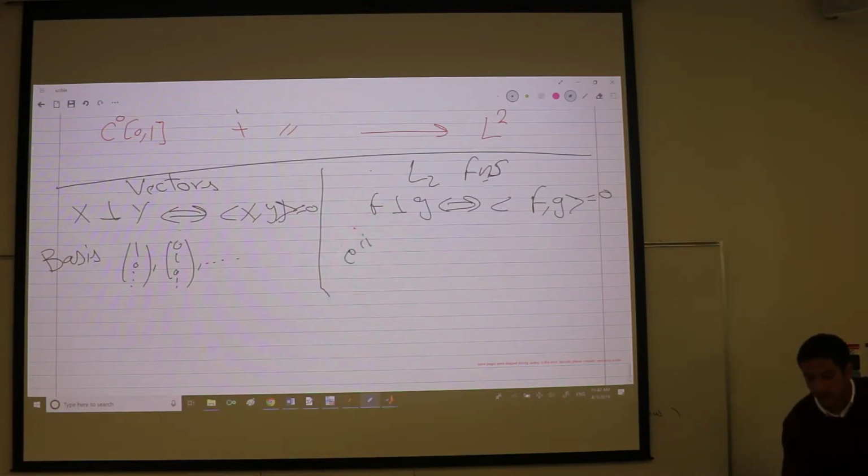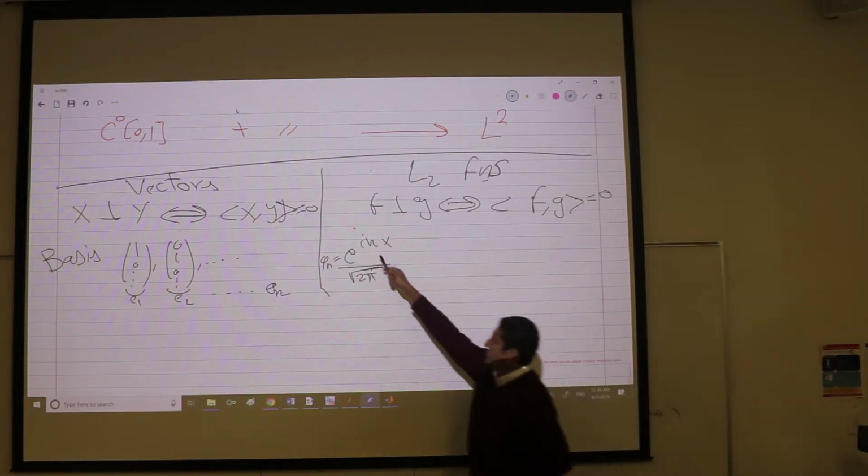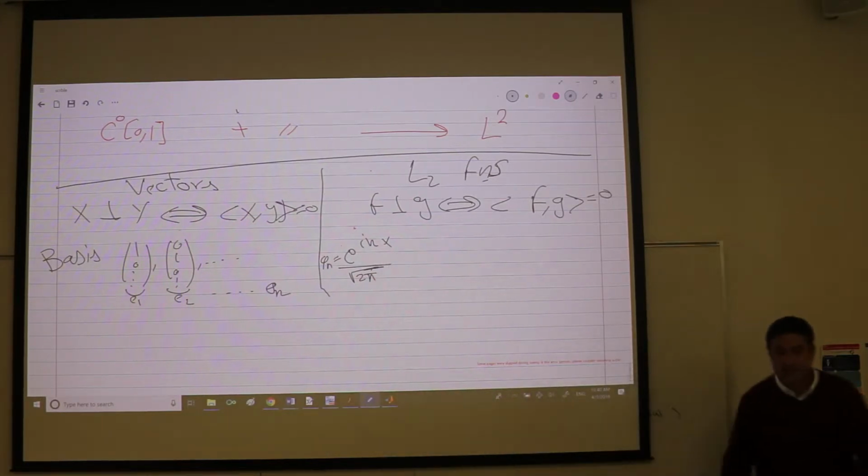So e to the i n x, phi n, is, this is e1, e2, and so on. For Rn it's just up to en. Here we have infinitely many. So this is e to the i n x, and sometimes we normalize by square root of 2 pi. So it's cosine nx plus sine nx. So cosines and sines are really the basis. And whenever you have a basis, you have what?